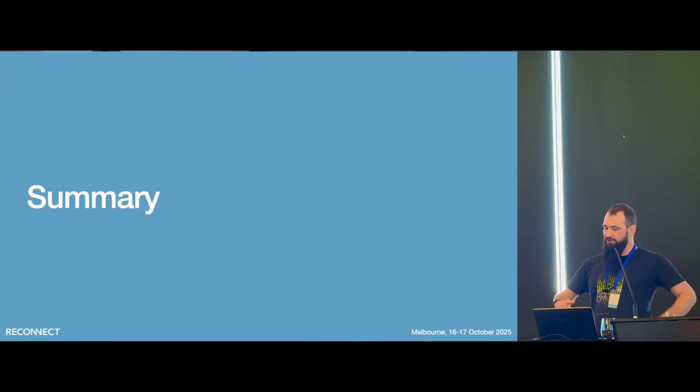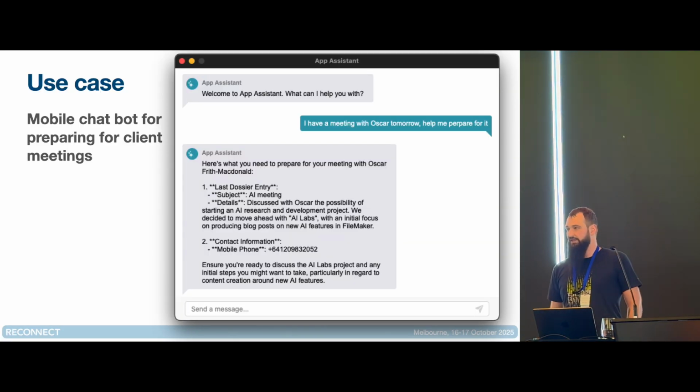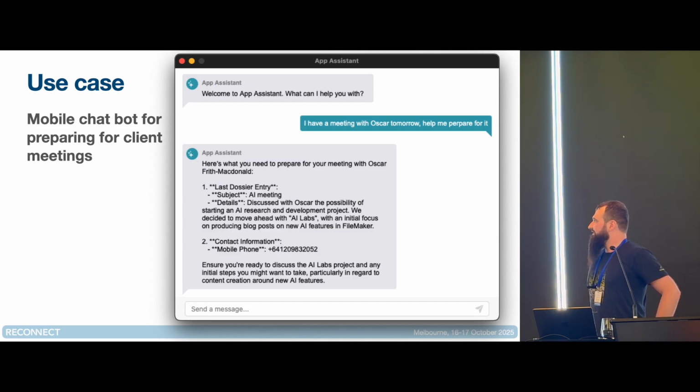A bit of a summary of the whole thing now, but also a use case. This is that same chat, but you could have multiple of these for different team members. This could be for a salesperson preparing for a client meeting. They could have this as a standalone app on their phone that's connected to the rest of the database and able to pull back information for them.